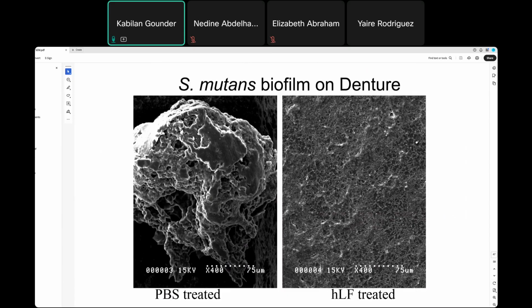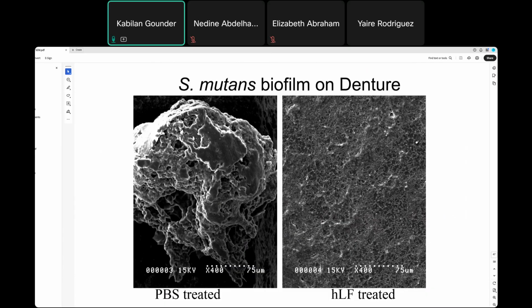So it's PBS treated, whereas the human lactoferrin treated cells show the difference between these. Both were photographed at the same magnification.